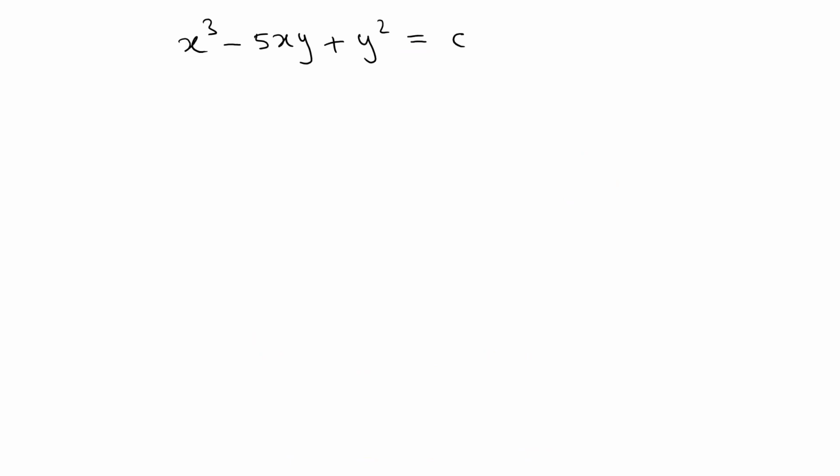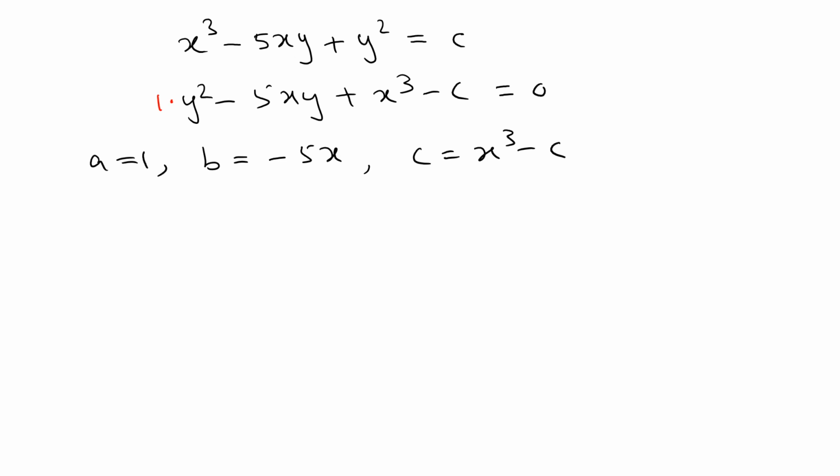We start with the equation and then we rearrange it. We can write this one as y squared minus 5xy, and then we put x cubed here and bring the c term there. When you do that, you can see this is in the a y squared plus b y plus c form. Here you can actually have an extra 1 if you want. So a equals 1, b equals negative 5x, and this is the c term.